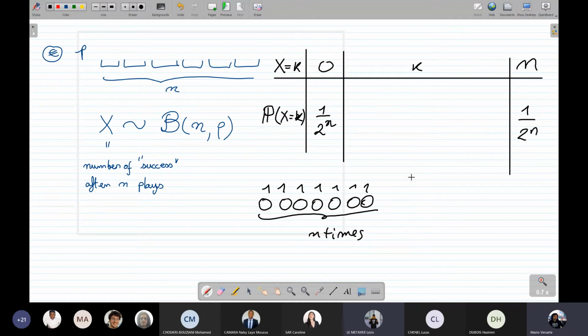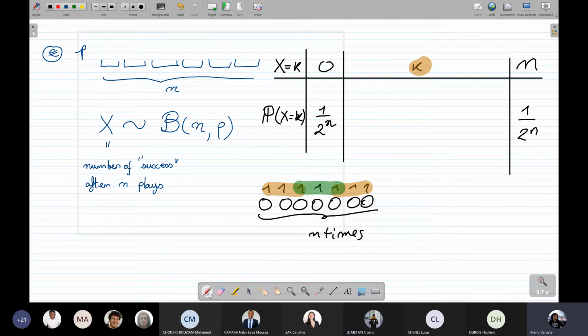You see what happens? You have k ones. If k is equal to 3, it can be those 3, or it can be those 3, or it can be those 3. You have to pick 3 of them among n.